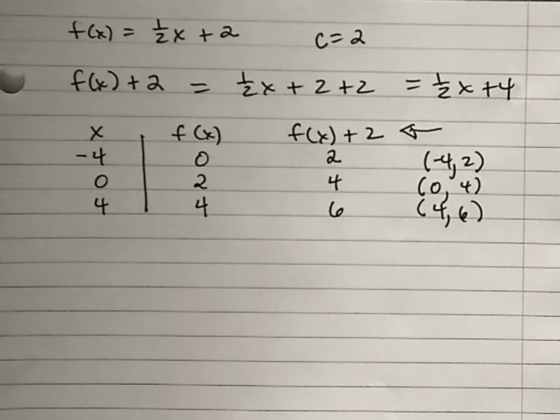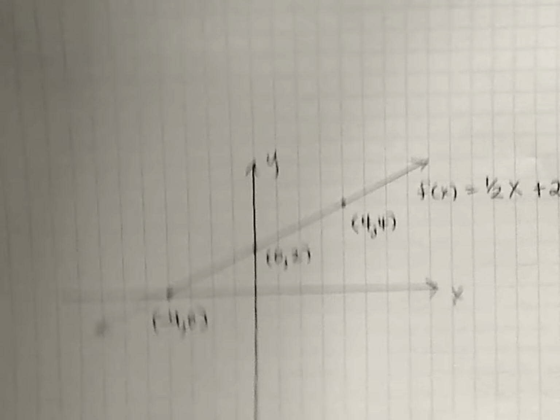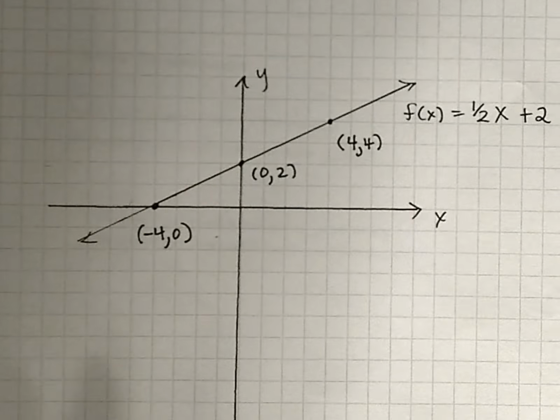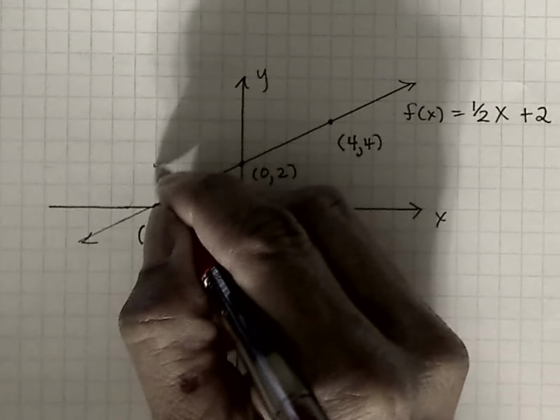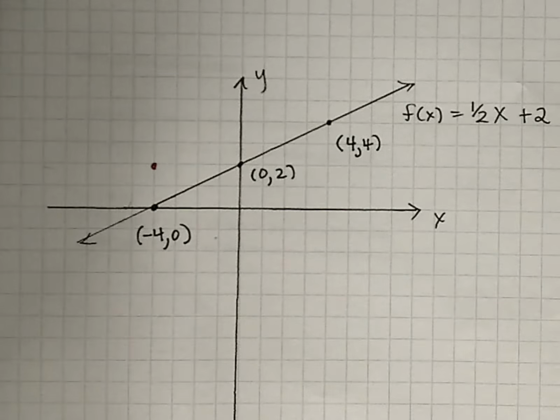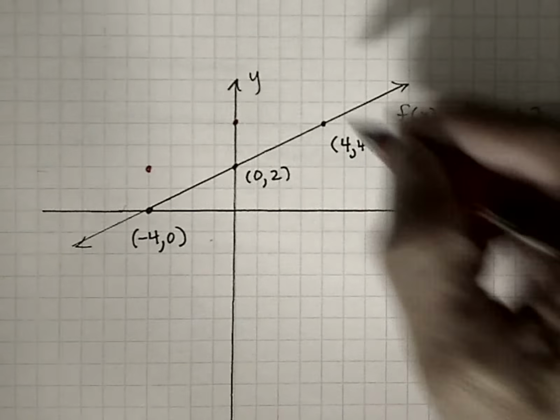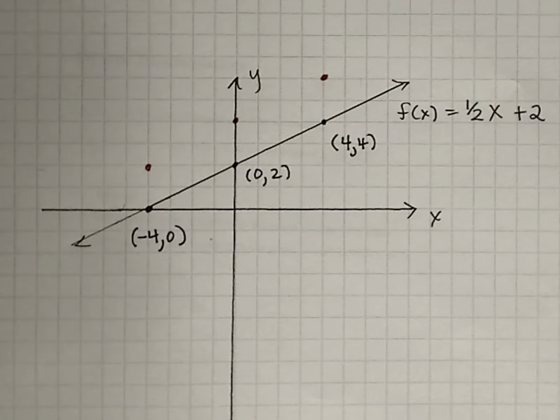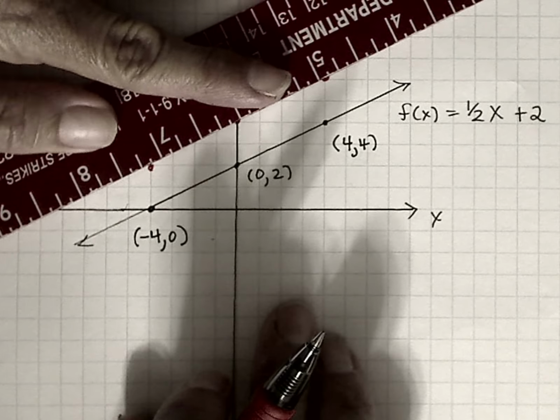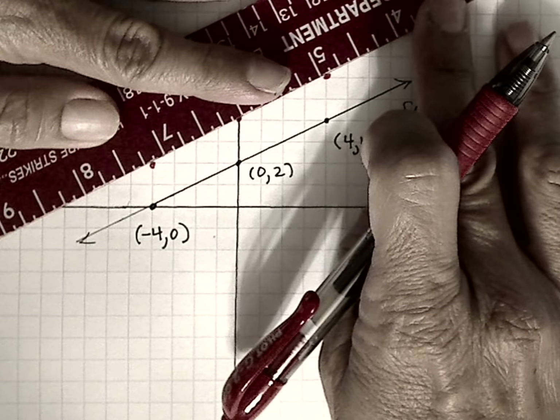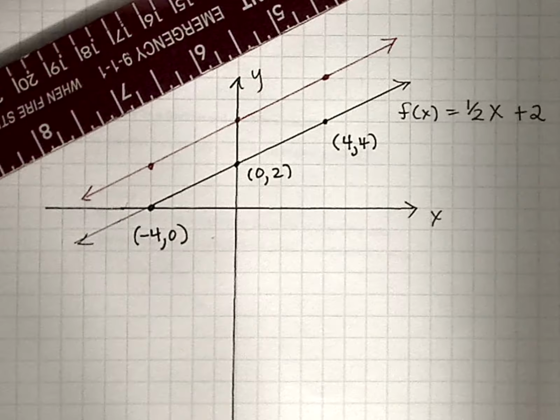So let's go ahead and plot those and see how it compares to our original graph. Bring this one back. And we are going to plot those new points. Negative 4, 2 is there. 0, 4 is here. And 4, 6 is here. And if we want to connect those dots, I'm going to use a ruler here so it is straight, because I am not a good drawer.